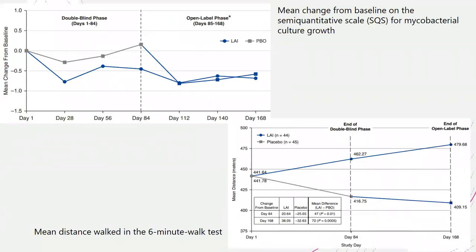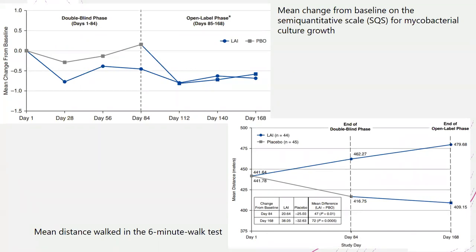On top of that, if you look at the growth of mycobacteria on a semi-quantitative scale, you can see that there is a significant difference between the two arms. Obviously, there's significantly lower growth in the amikacin arm as compared to the arm that received placebo.